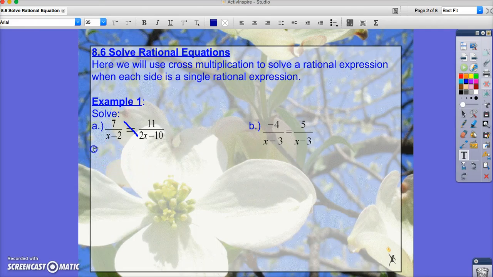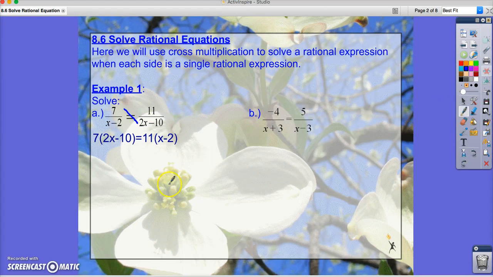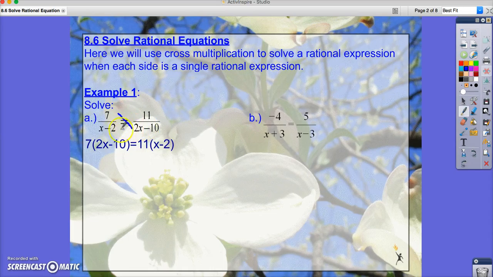I'm going to type that out here, which means I get 7 times 2x minus 10 equal to the other diagonal, which is 11 x minus 2. So 7 times the quantity 2x minus 10 equal to 11 times the quantity x minus 2. So we use cross multiplication to get rid of the fractions.